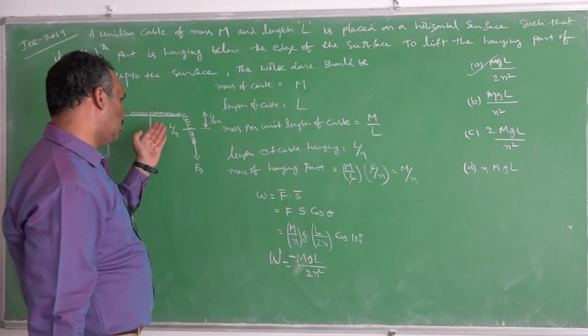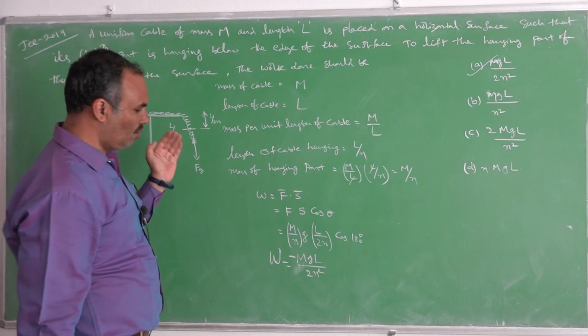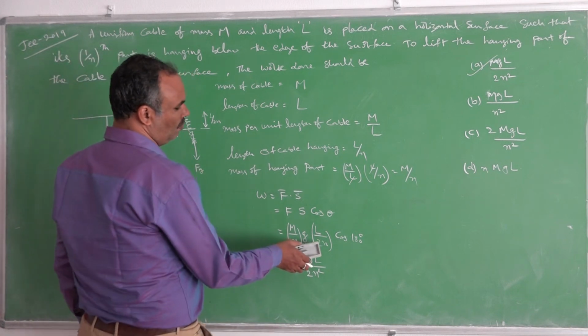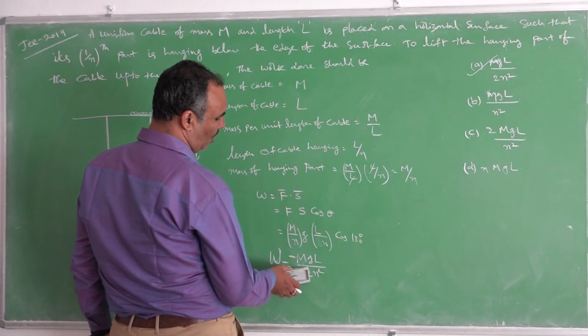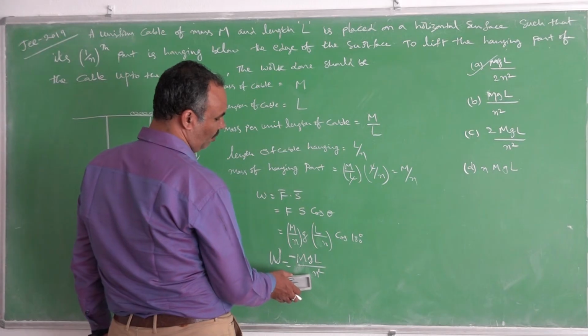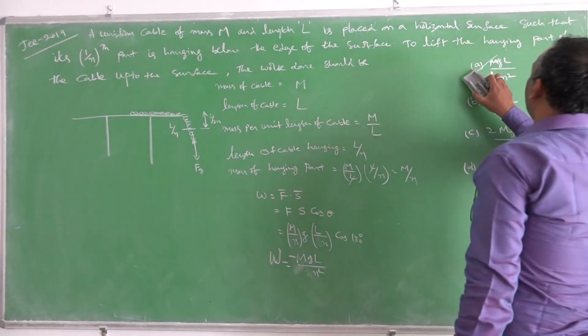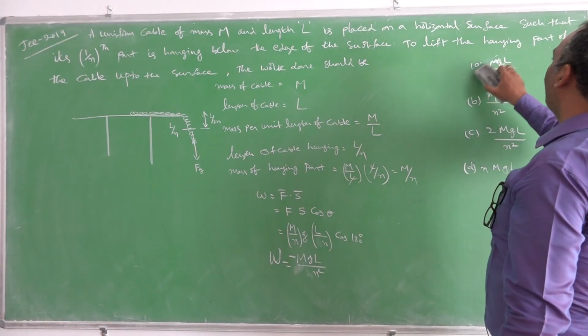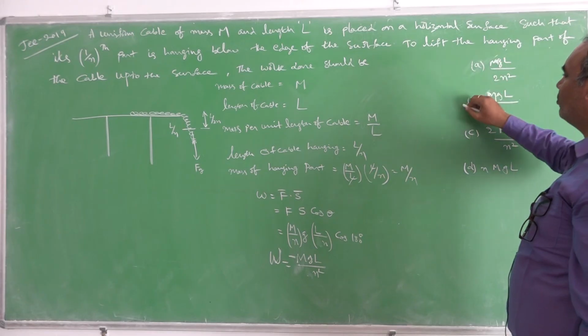Entire chain onto the table means total L by N length should be lifted onto the table. So here displacement means L by N you should take. Then the answer is mgl by n square. So option B is the right answer.